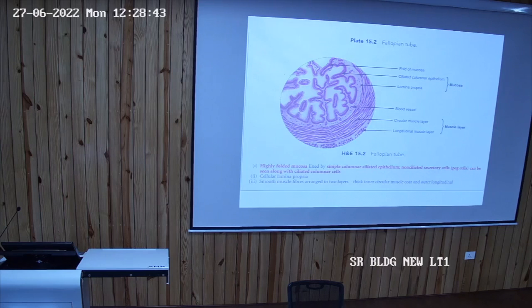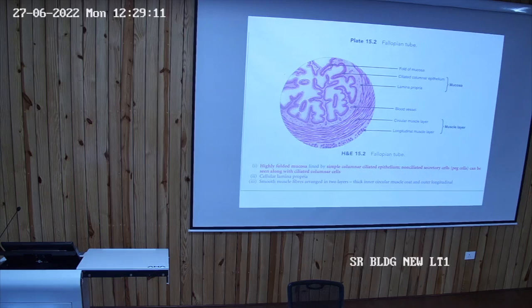So for identification, if you find in the lumen a large number of mucosal folds, and the lining of these folds is by ciliated columnar epithelium. And when we focus under 40x, we see that these columnar cells are not all ciliated.